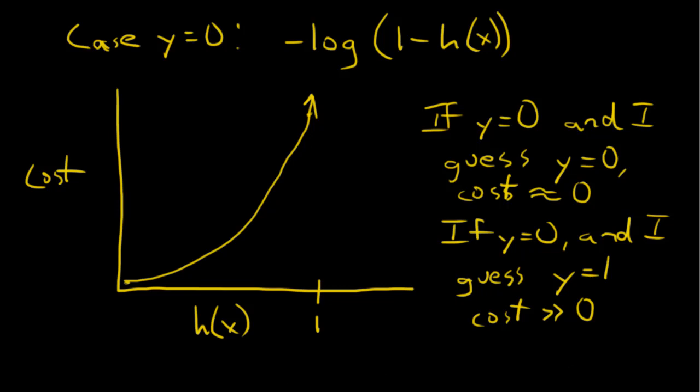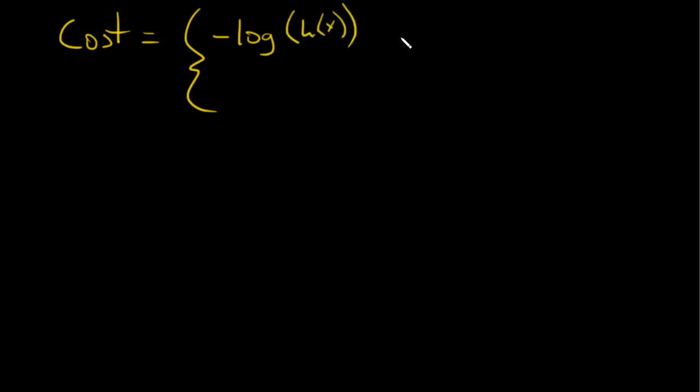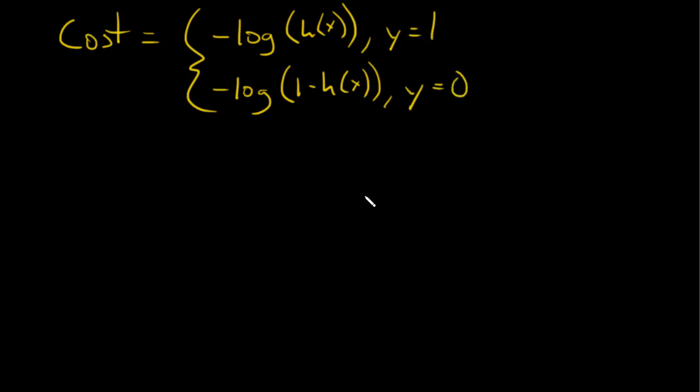Now for some math. Okay, let's clear this and go through some math, which is what I tend to enjoy. So we're going to start off with our two cost functions in the piecewise form. We had the cost is equal to negative log of h of x if y equals 1, and negative log of 1 minus h of x if y equals 0.